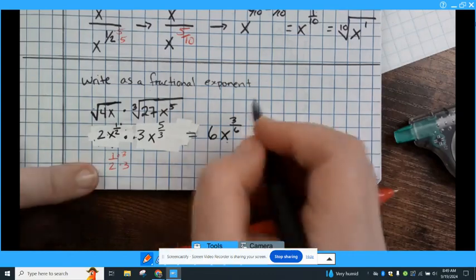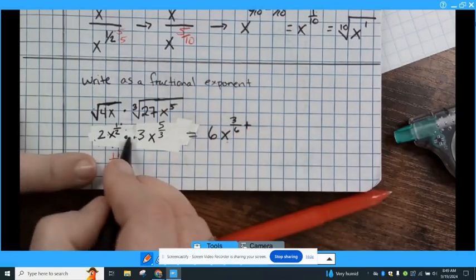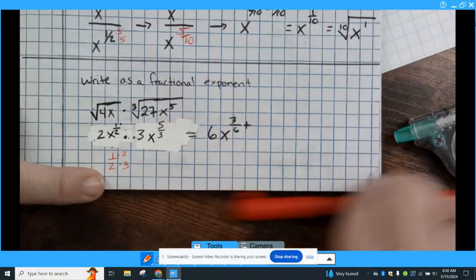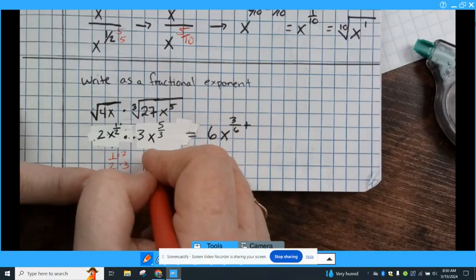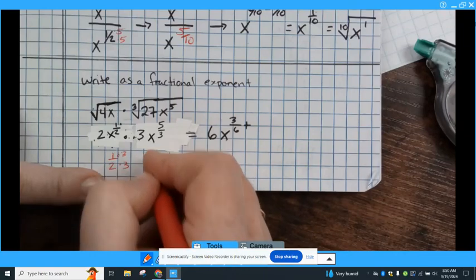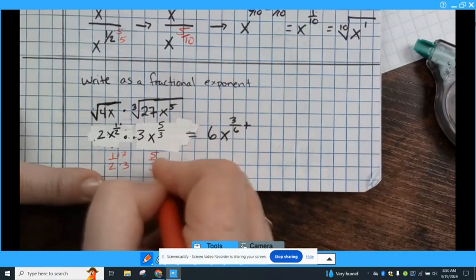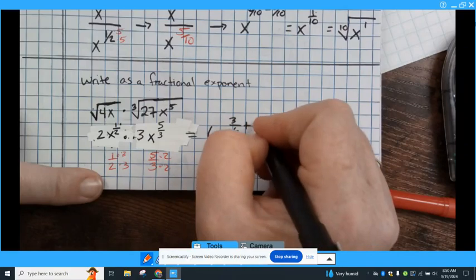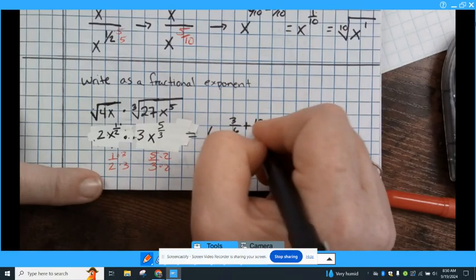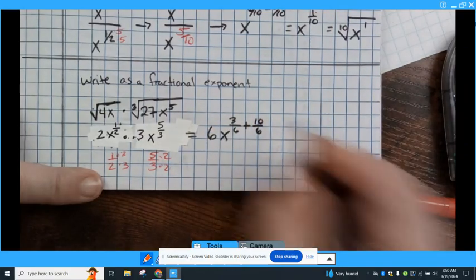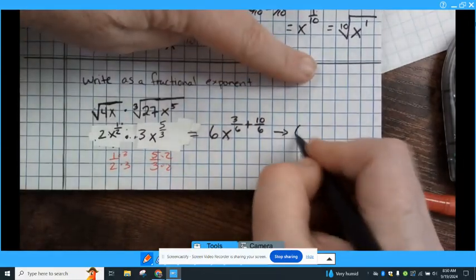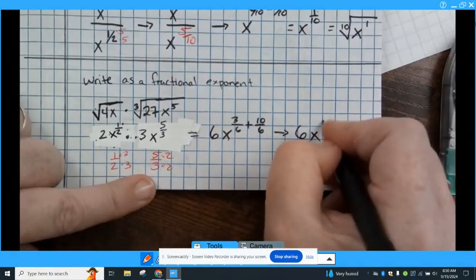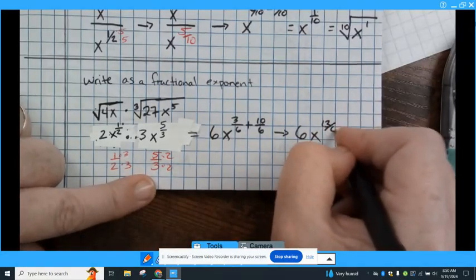And I can add that, because this is a product rule, to 5/3, which is 5/3 times 2 times 2, so 10/6. 3 plus 10 is 13/6.